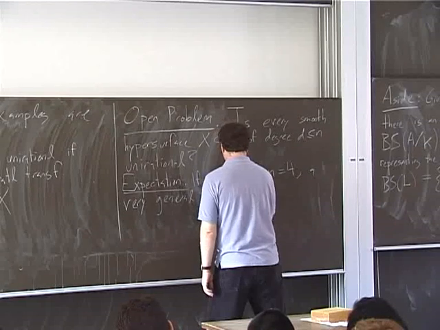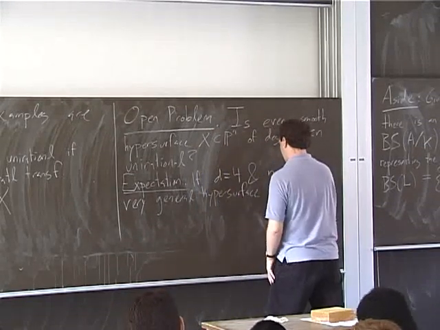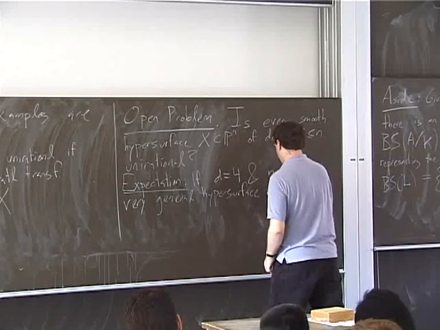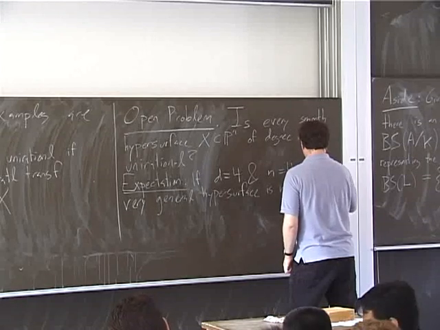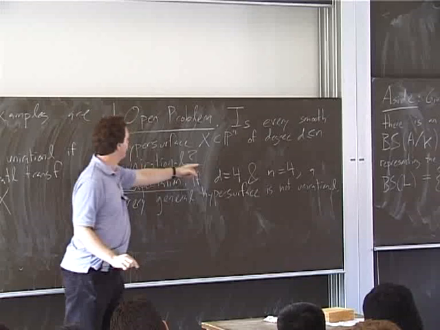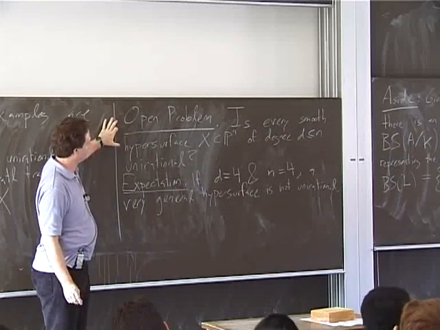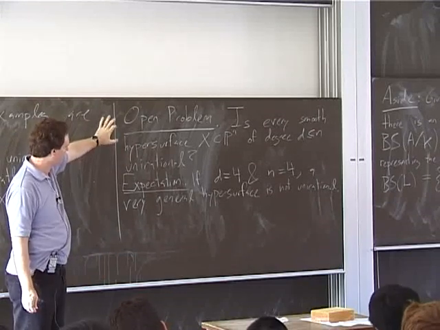There are lots of techniques for proving varieties are not rational, but none of them apply to prove a variety is not unirational. Let me mention, if d is strictly bigger than n, then it can't possibly be unirational. There's an invariant, which I'll talk about in a few minutes, called the Kodaira dimension.